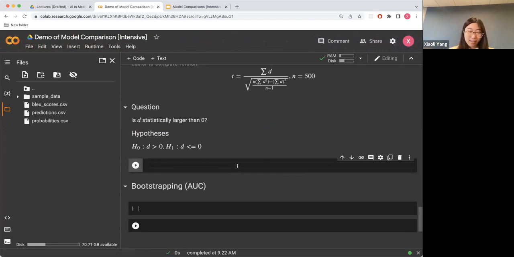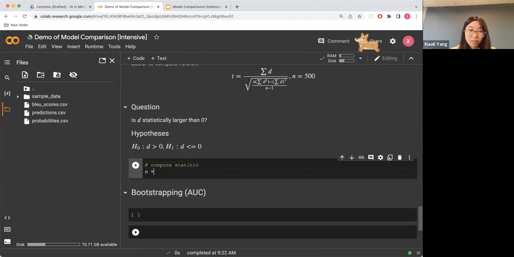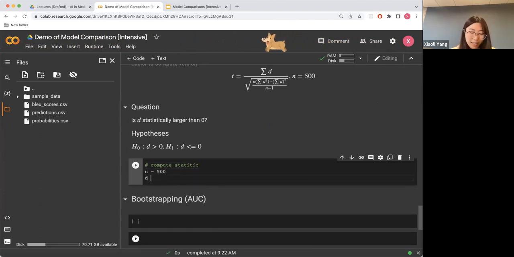so let's compute the statistic. First, we want to record some constants. N is equal to 500, and D is the difference between these two models.